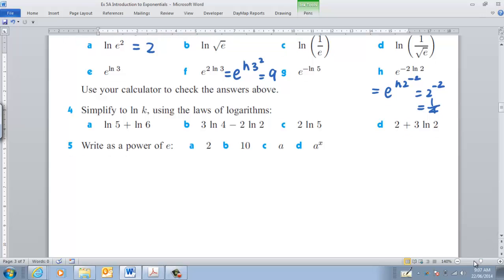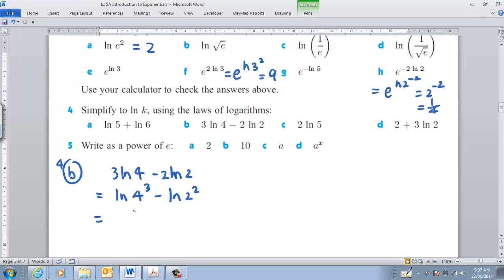So simplify using the log laws into the form ln of k. Let's do 4b. We've got 3 ln of 4, take 2 ln of 2. So that's going to be equal to ln of 4 to the power of 3, take ln of 2 to the power of 2. What's 4 to the power of 3?